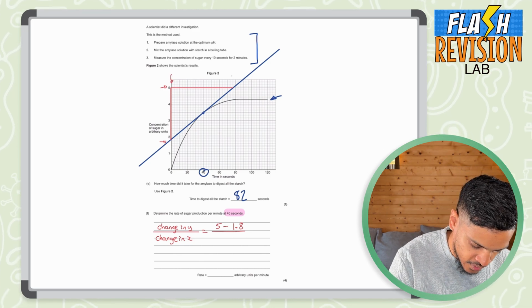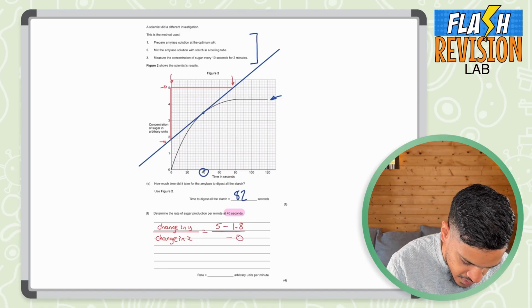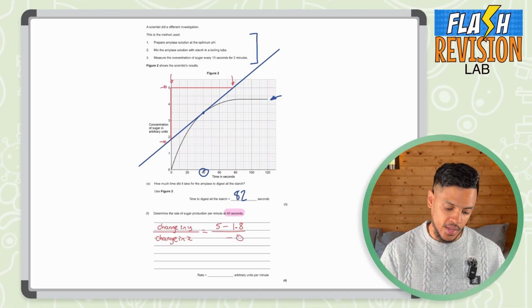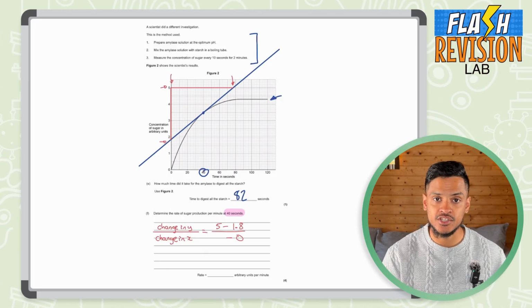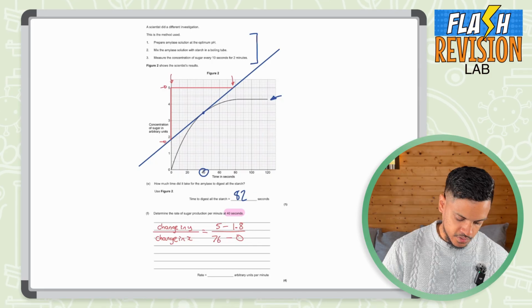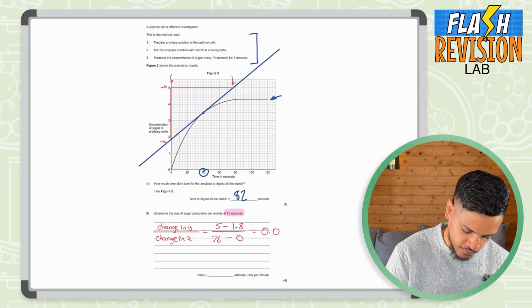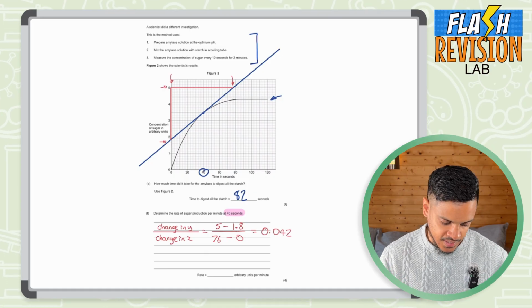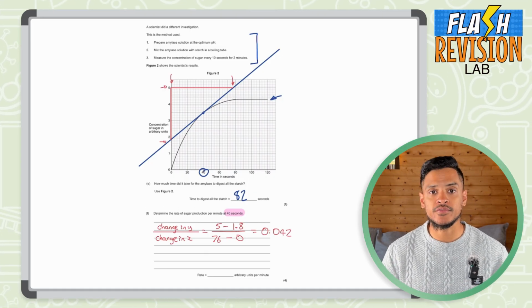We need to find out what this is. So it's going to be something minus 0. Let's work out what this is. This is about 2 squares to the left of 80. Remember, on the x-axis, I said each square was worth 2. So that would be around 76. So if you work that out, you get an answer of around 0.042. That is the change in concentration over time. So that would get you 3 out of the 4 marks.